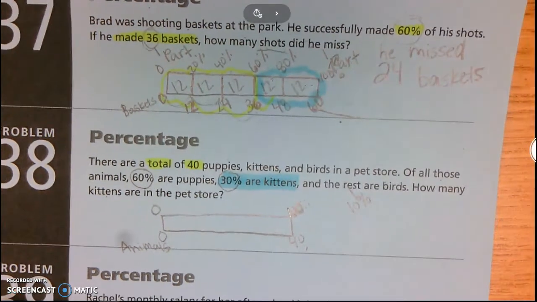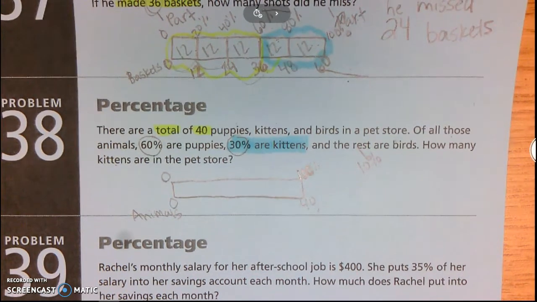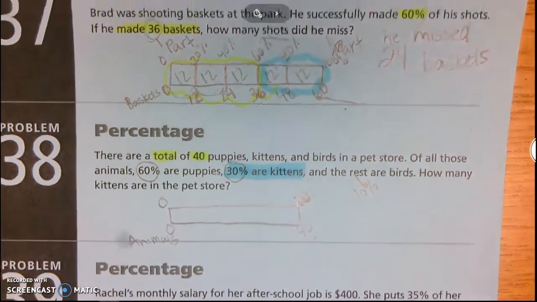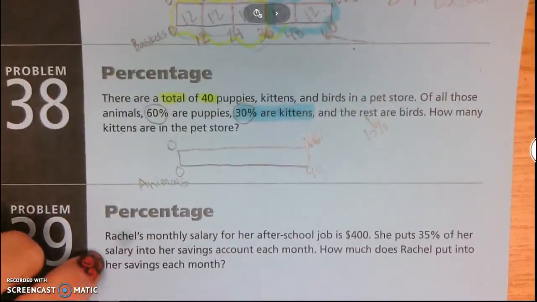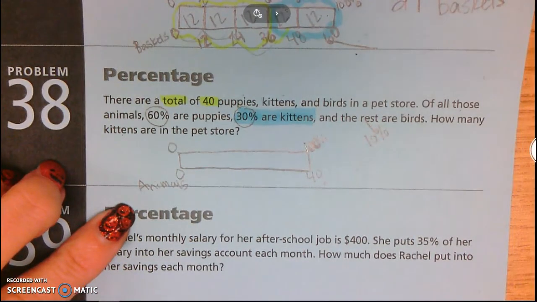So I think I'm going to break this into, sorry, it seems like there's a weird glare. Let's see if I can change to a pen. So if I need to show 30%, I think of the 10, 20, 30, 40, 50.